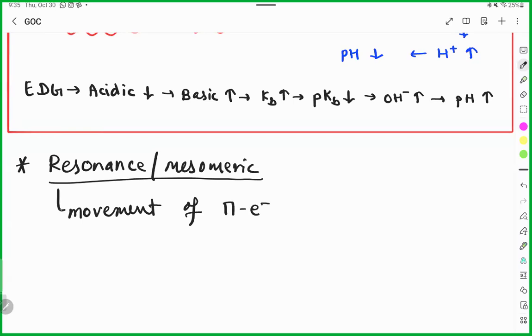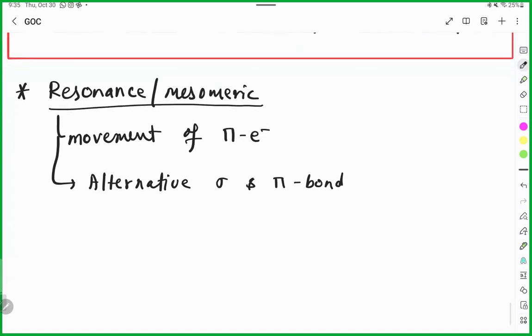These pi electrons are moving in alternate single and double bonds, that is, sigma bond and pi bond. In case of resonance, a resonating structure is also known as a canonical form or canonical structure.